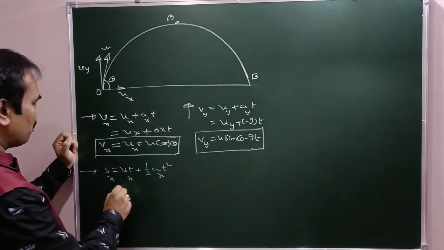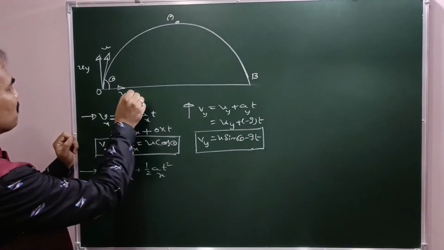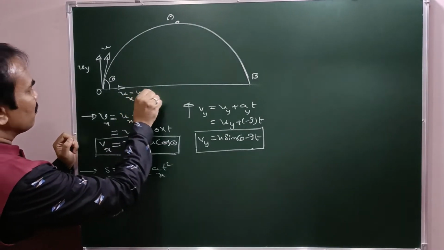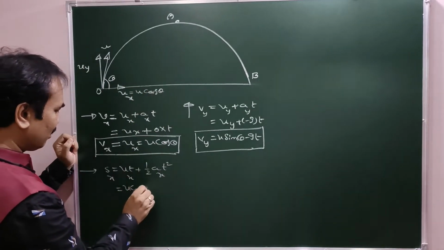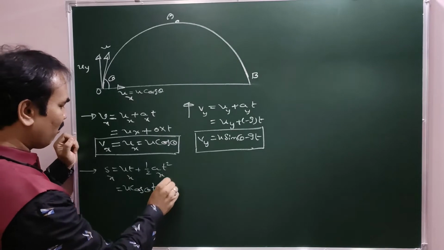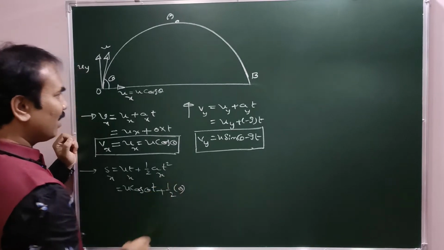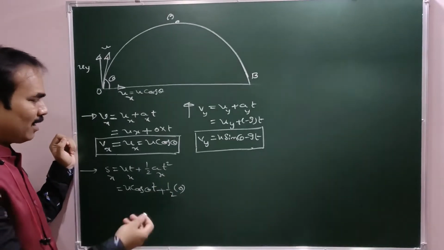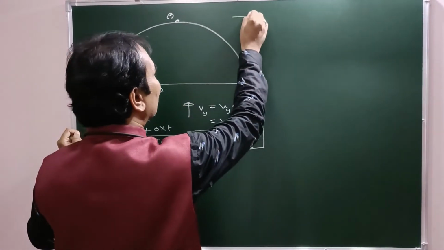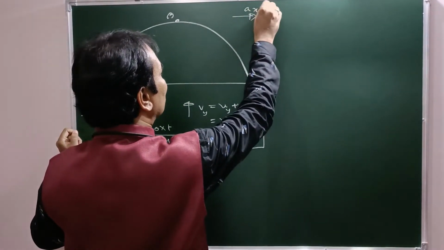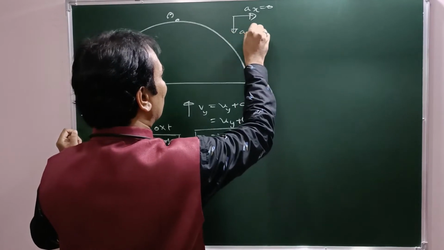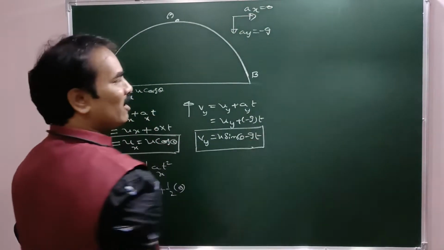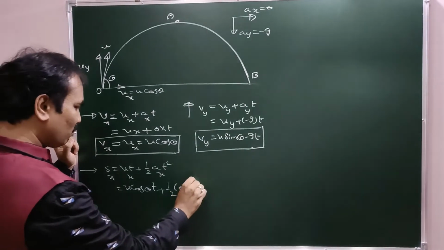Ux means u cos theta, so u cos theta into t plus half into ax, which is 0. Along horizontal there is no acceleration, ax equal to 0. Along vertical, ay equal to minus g as per sign convention.